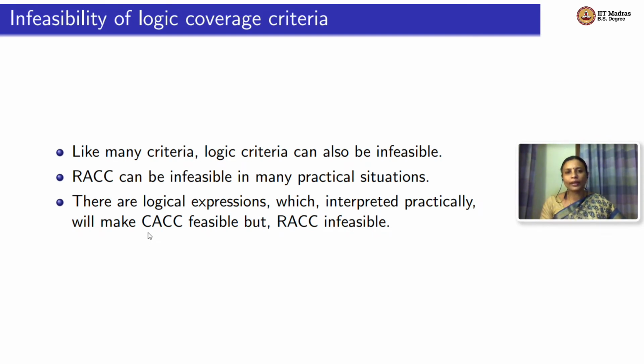We will see one expression. Sometimes restricted active clause coverage criteria can become infeasible. Sometimes it can be useful. Sometimes correlated active clause coverage criteria can become feasible or infeasible. All possible combinations can exist. We'll see one example about how infeasibility can arise in logic coverage criteria.